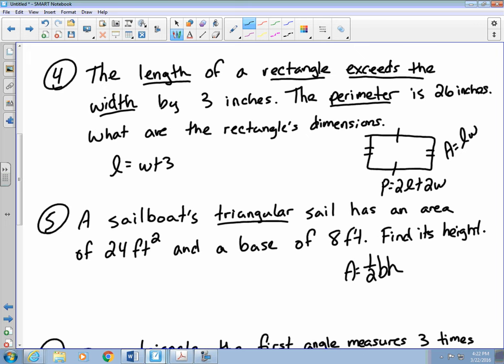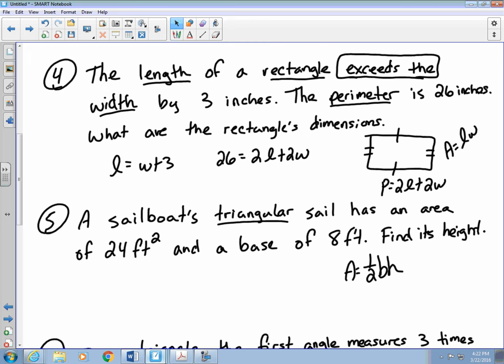It's longer because it exceeds. Exceeds means that it's longer. They also tell me the perimeter is 26. So if I substitute that into the perimeter formula, I have this. And then what's the dimension? It wants to know the length and the width.